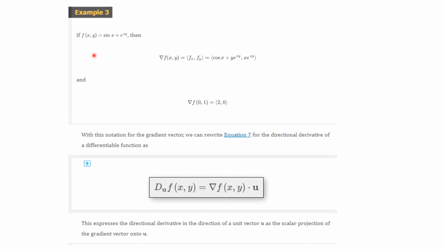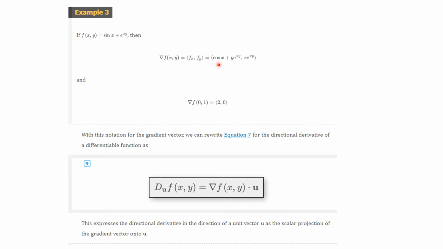And so here is a problem. If we had a function f of (x, y), z equals f of (x, y), equal to sine x plus e to the xy, then the gradient is going to be pointy bracket, we take the partial with respect to x and the partial with respect to y.